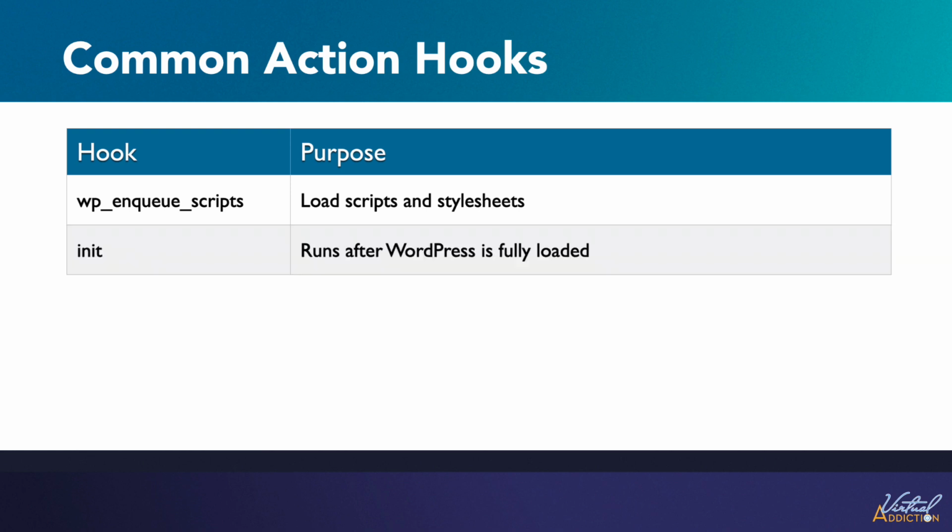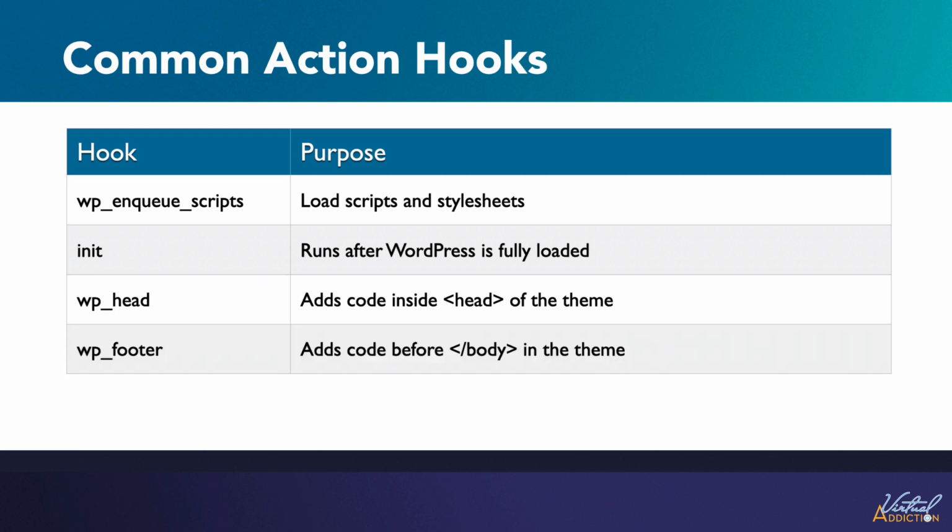The init hook will run after WordPress is fully loaded. The wp_head hook will add code inside the head of a theme. wp_footer will add code before the closing body tag in the theme. And save_post will trigger when a post is saved.